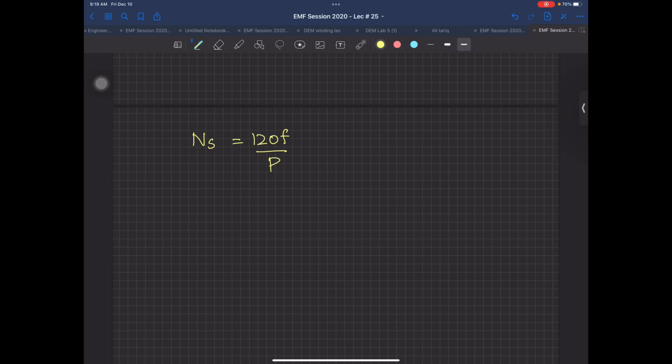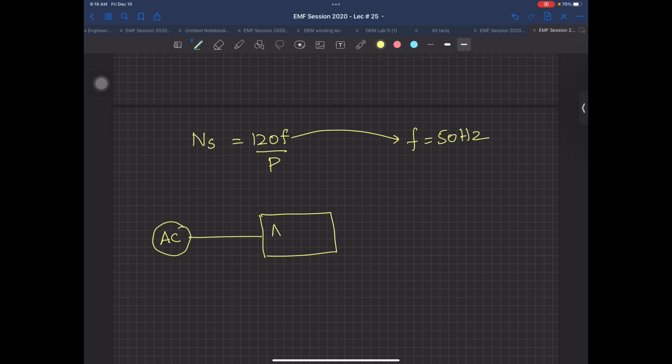Now, the point which I am discussing here, the actual speed control, is the frequency. We know in Pakistan we have a frequency of 50 Hertz. But we can have a circuit in which I take the AC supply from WAPDA and convert it from AC to DC by a rectifier.